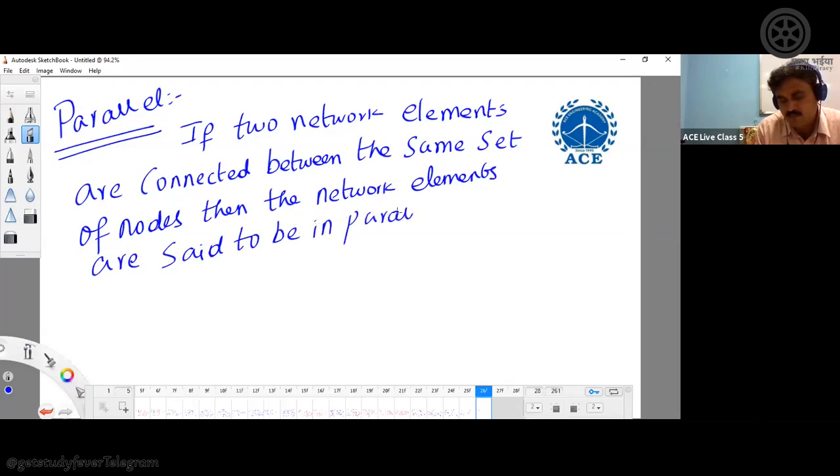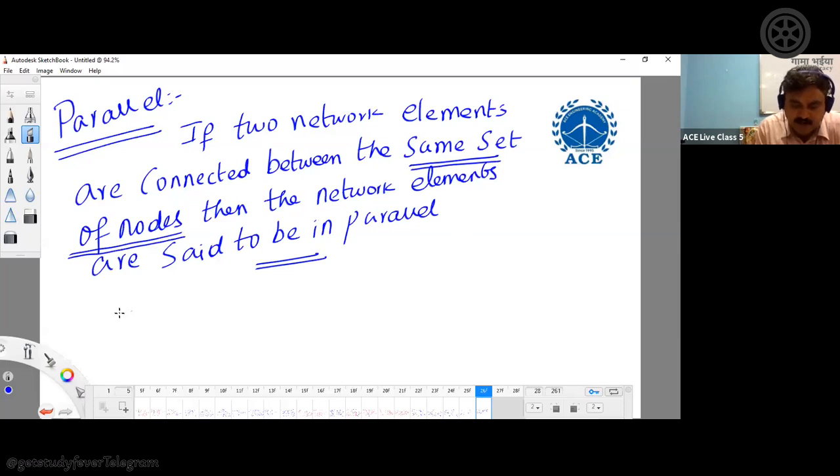That's all. Simple. If network elements are in series, the same current will flow. If network elements are in parallel, the same voltage drop will be there. So how will you decide whether the elements are in parallel or not? If they are connected between the same set of nodes. Very important. I have to identify this carefully. If they are connected between the same set of nodes, then the network elements are said to be in parallel.